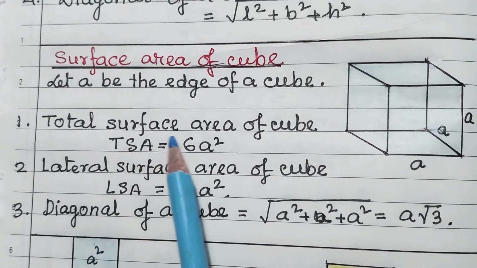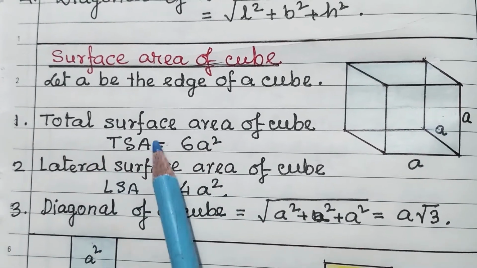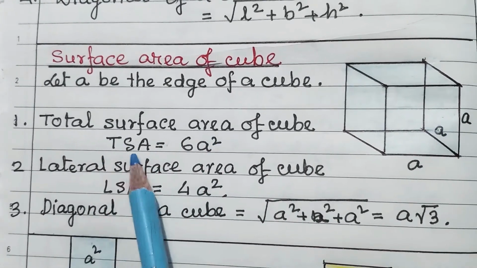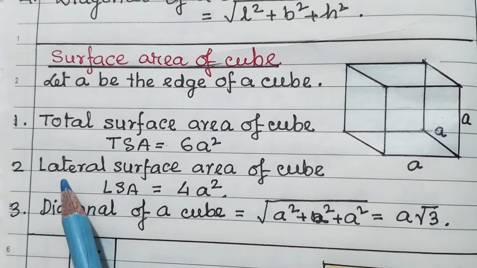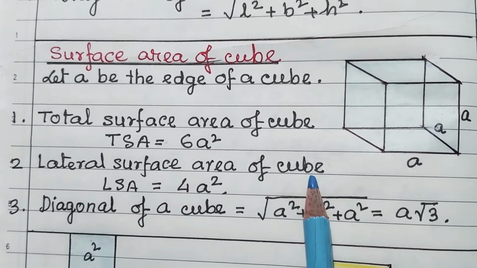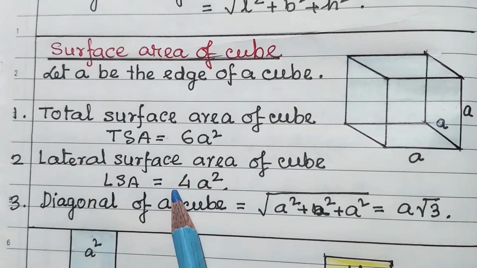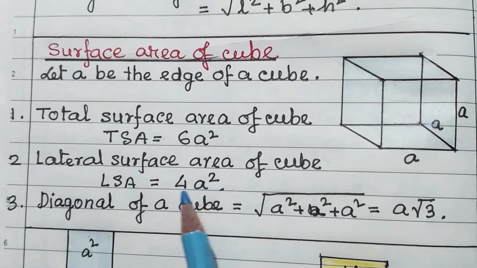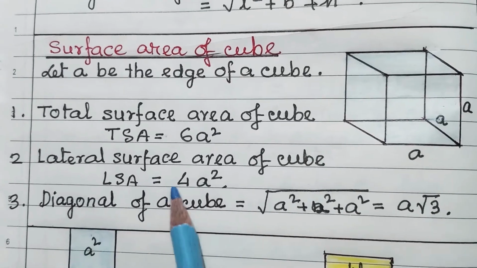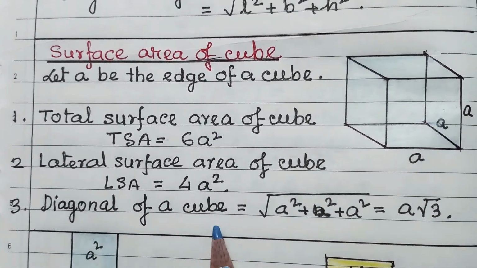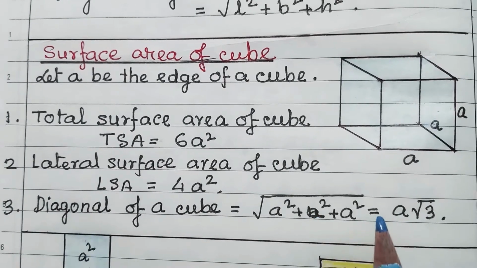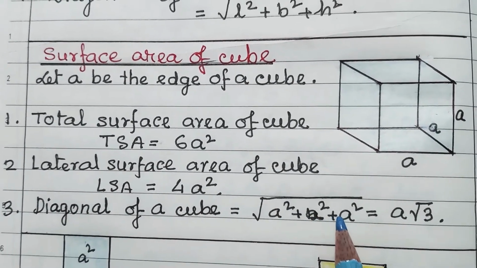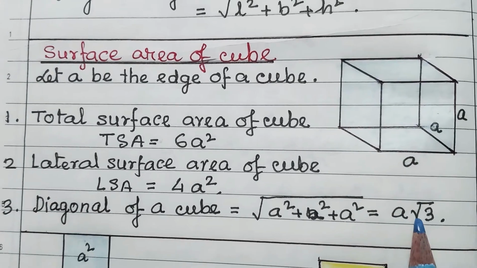So the total surface area of the cube, TSA, is 6A square. The lateral surface area of the cube is the 4 walls, which is 4A square, with 4 equal faces. The diagonal of the cube is under root A square plus A square plus A square, that means 3A square, which we can write as A root 3.